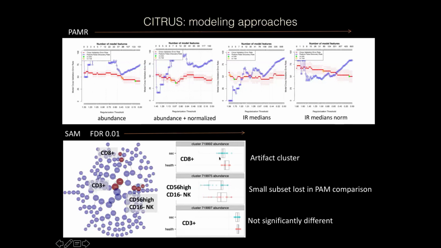One of them, the CD8 one here, was just a pure artifact of overclustering. Another one, the CD3 cluster here, was not statistically different when this population was identified by other methods. But the third one identified a population that almost fell under the minimum cluster size limit, and that's why it was not picked up by PAM.